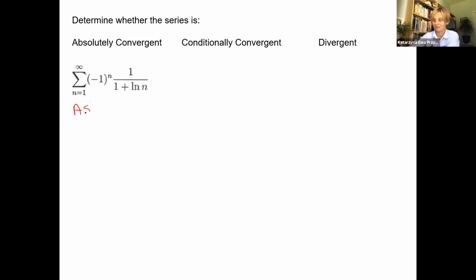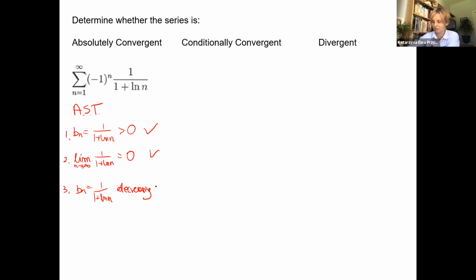Using AST, b sub n is positive, the limit is 0, and it's decreasing. That means it's the same situation. The limit of b sub n is 0 at infinity, and b sub n is definitely decreasing. Check, check, decreasing, check.